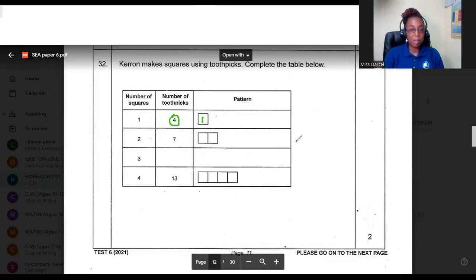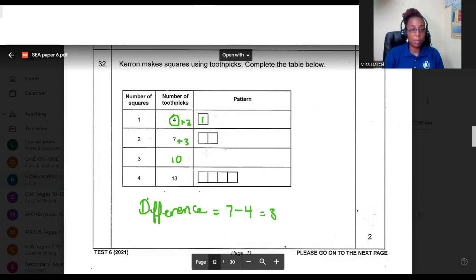So we look for the difference to get from 4 to 7. We know that's 3. So our pattern is adding 3. So obviously, we know it's going to be 10 toothpicks. Or you could do the long way and actually draw it out and count it yourself. You could do that as well.